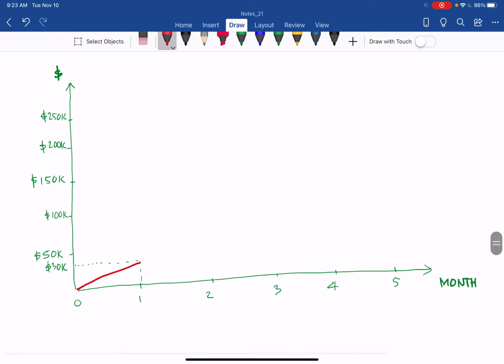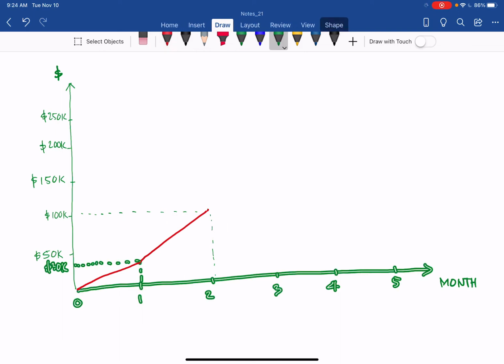So the next one is 100 cumulative. After 2 months, the contractor spent 100,000. And then the next month is cumulative 180, so we can have the 50, 80 there.